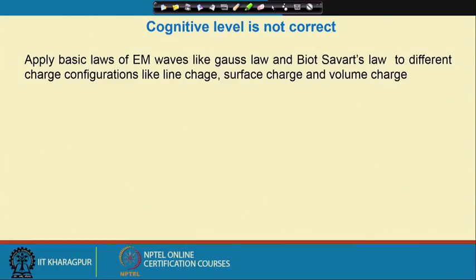So, I can say "calculate force for a given mass and acceleration" is application level, based on Newton's law of motion. That is why the cognitive level is not correct in this objective.